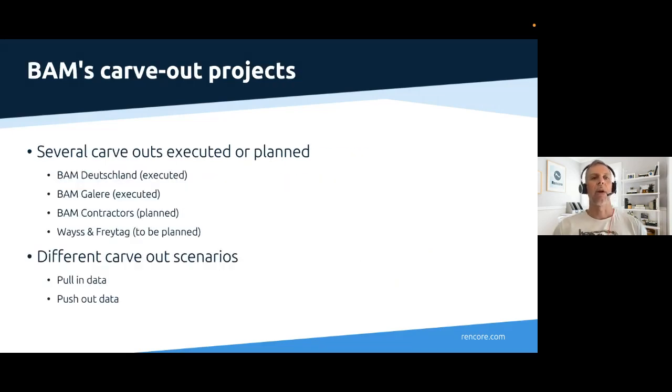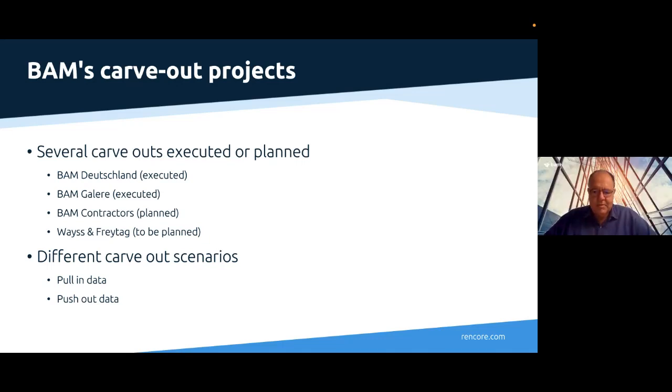Yeah, tell us a little bit about your carve-out projects at BAM. Yeah, as I told you earlier, we're moving away from Germany and Belgium. We have some activities there, and what we did, we had BAM Deutschland, which was sold to the Czech group, which already has been carved out, and we're now in the stage of hypercare.